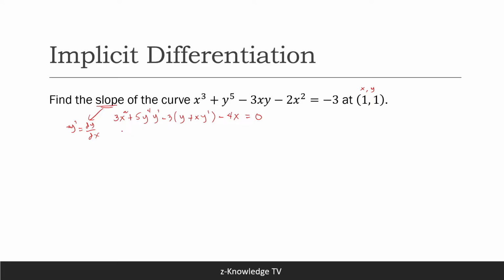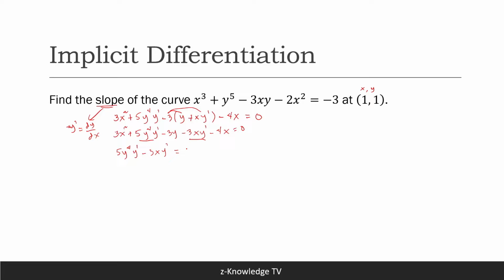Okay? So, distribute natin itong part na to. So, mangyayari, 3x squared plus 5y raised to 4 y prime minus 3y minus 3xy prime minus 4x is equal to 0. So, pagsama natin yung may y prime. So, mangyayari, 5y raised to 4 y prime minus 3xy prime is equal to, lipat natin yung the rest sa kabilang side.